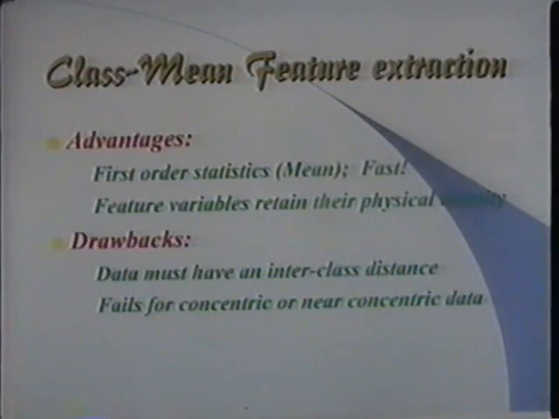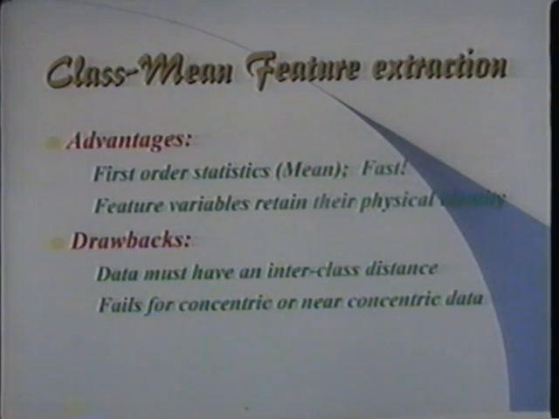Well, it looks like a very simple process and can be done quickly. Let's go through the advantages and drawbacks of this technique. If you look at the advantages, you're going to find that class mean feature extraction is very simple, first order statistics.